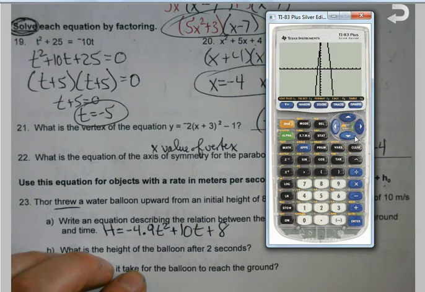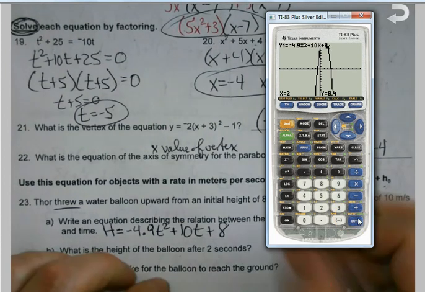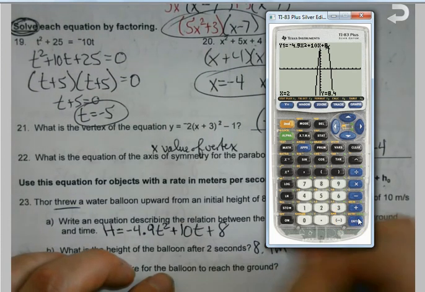Okay, so there's my graph. What's the height of the balloon after 2 seconds? Well, the height's my y. My time, in this case, would be t. So I could do one of two things. I can either hit trace and say, okay, what's it when x equals 2? Well, it's 8.4. Okay, 8.4 meters.